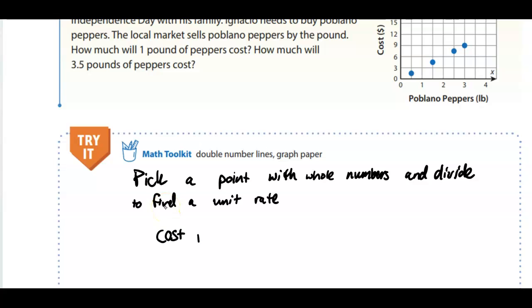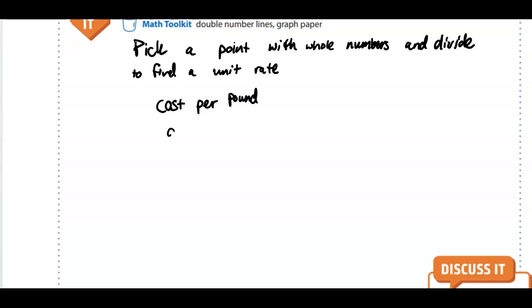Cost per pound. And I know that at 3 pounds, it costs $9, right? So 9 divided by 3 is going to give me $3 for 1 pound. So we've solved one of the questions, right?